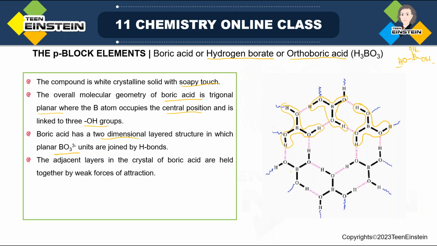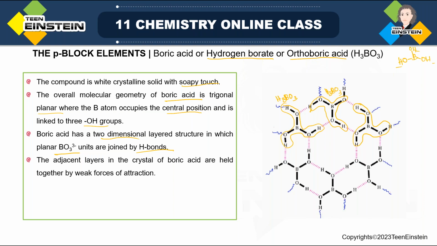All these H3BO3 units are joined by dotted pink colored lines, and these lines are nothing but hydrogen bonds, where the oxygen of one H3BO3 molecule is making a hydrogen bond with the hydrogen atom of another H3BO3 molecule. So this is basically a 2-dimensional structure, as if it is on a plane.